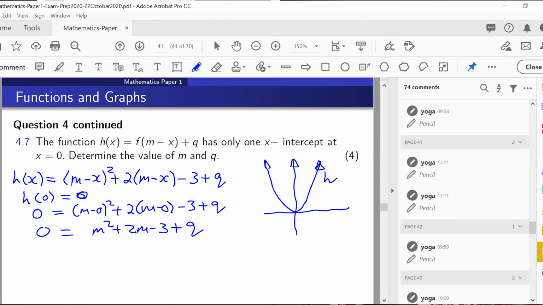Okay, we can call this our first equation in an attempt to find the values of m and q. Now, at x equal to 0, we see that that is the turning point.